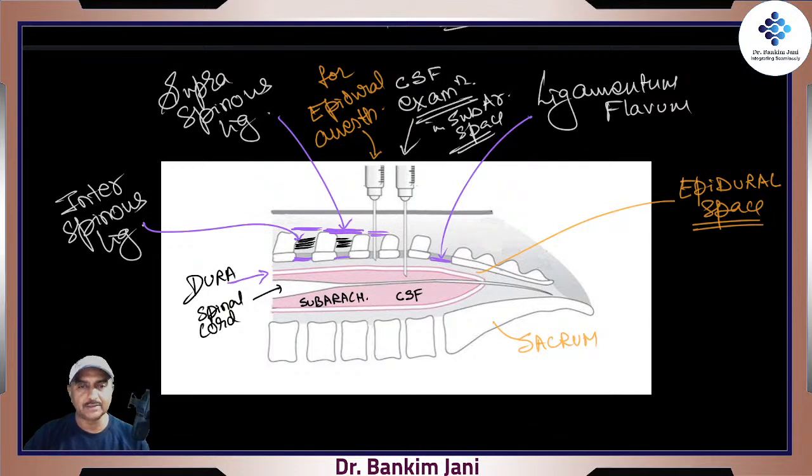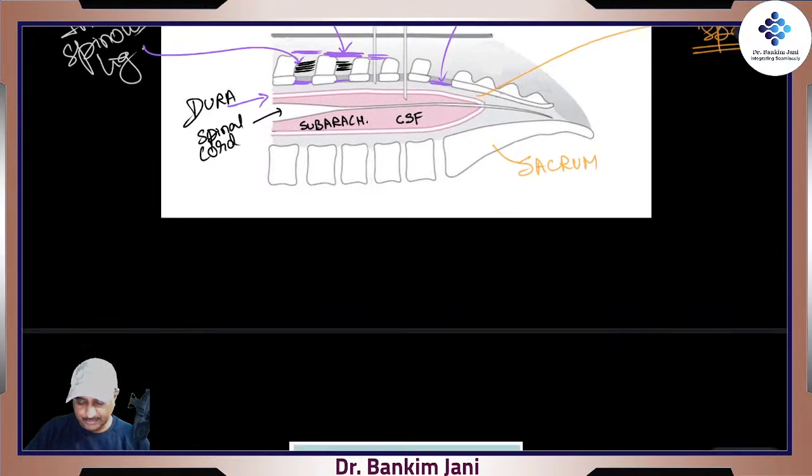Almost all these points are part of some questions. Because see, dura is so tough. That's why when you pierce it, your hands would feel that resistance. And the moment dura is pierced, the movement of the needle will become very smooth, because it has popped and entered into the chamber. And now when you take that stylet, because this entire needle is hollow, you'll find that fluid is coming out, right? So that's how it happens.